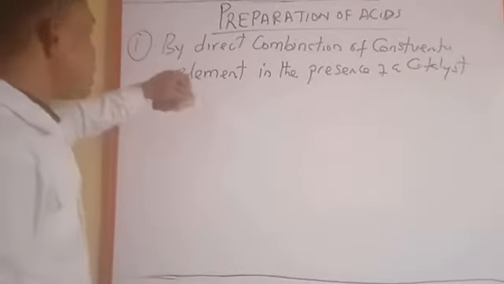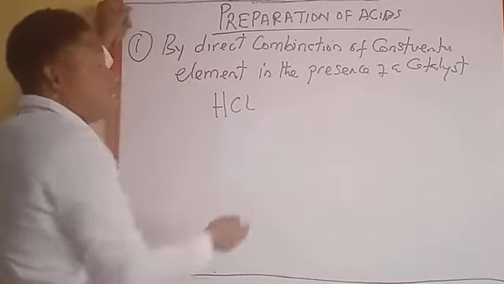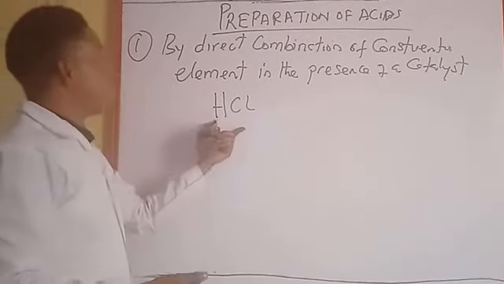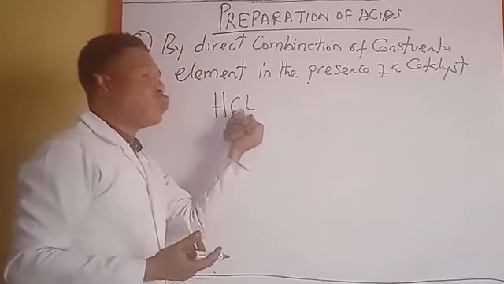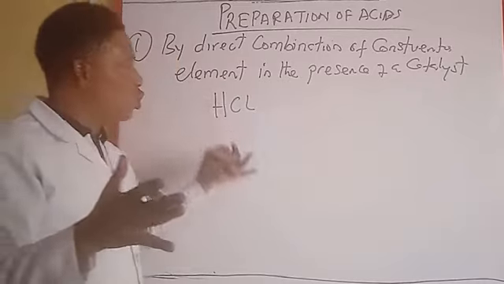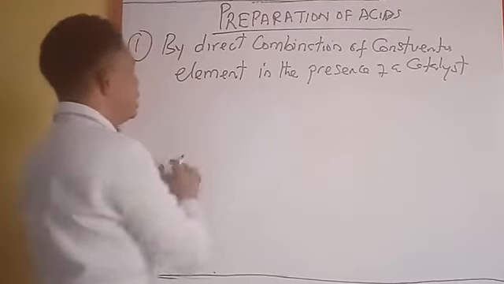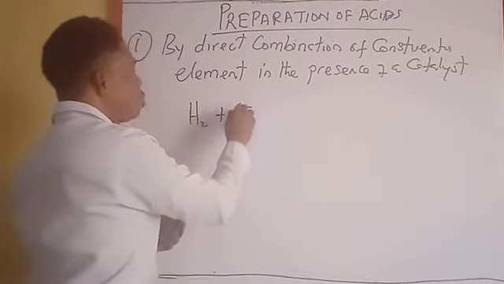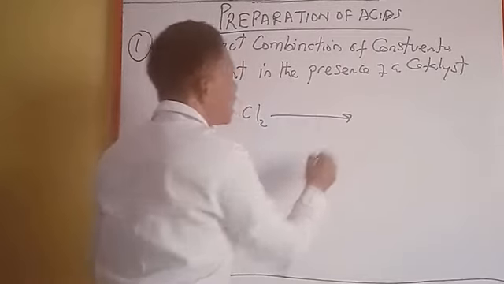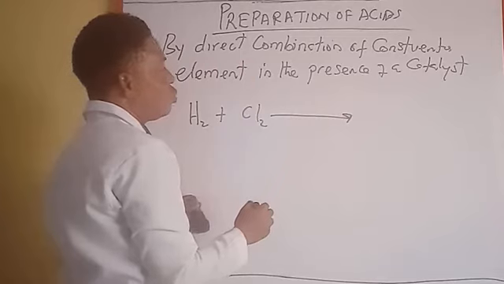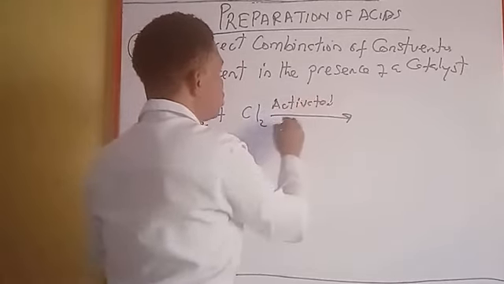Now let me give you an example of an acid. Hydrochloric acid is an acid. This acid is made up of two elements, hydrogen and chlorine. So when you combine hydrogen and chlorine under a certain condition, you get hydrochloric acid. Hydrogen comes together with chlorine. This reaction will take place in the presence of a catalyst known as activated charcoal.